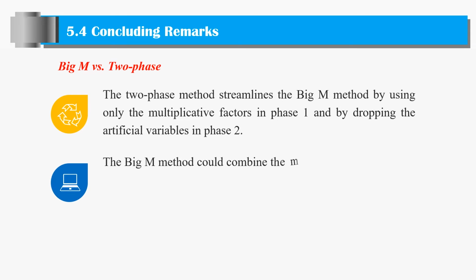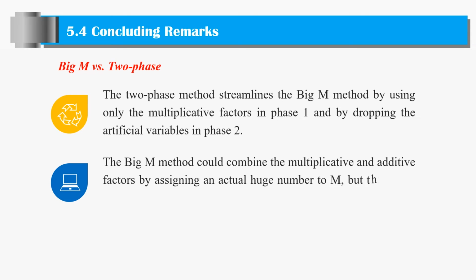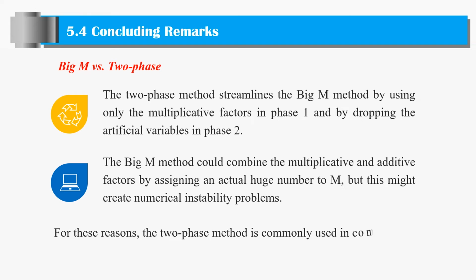The big M method could combine the multiplicativity and additivity factors by assigning an actual huge number to M. But this might create numerical instability problems if we use computers to help us. So for these reasons, the two-phase method is commonly used in computer codes. But if we want to compute some linear program problem by hand, of course, we can choose either way as we like.